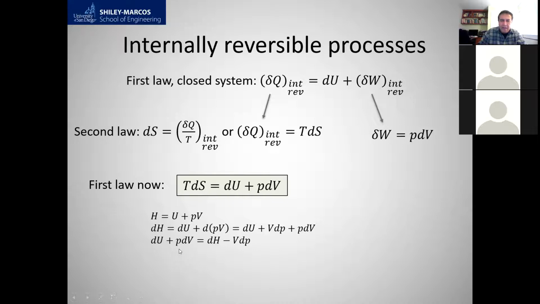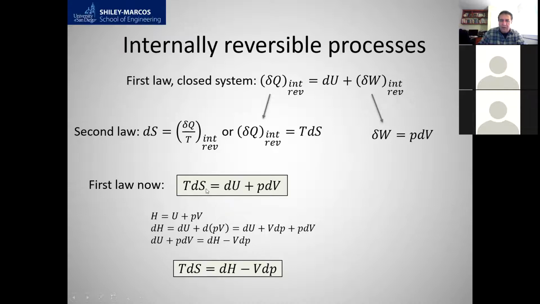There will be situations where you need to use this formula. Since dU equals dH minus V dP, we substitute it in here into T dS, going through a little bit of simplification.